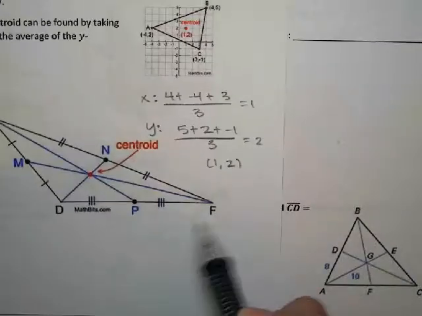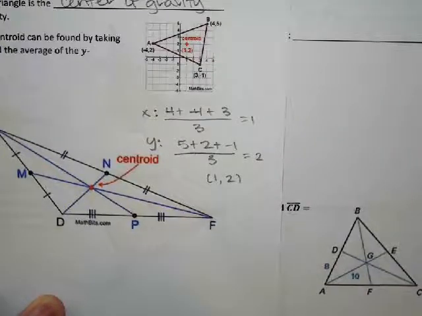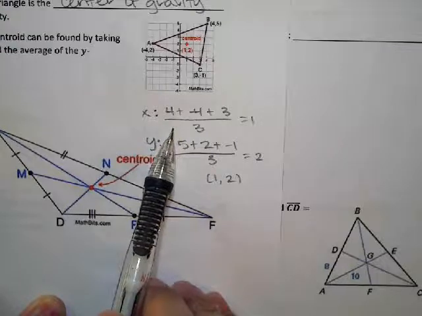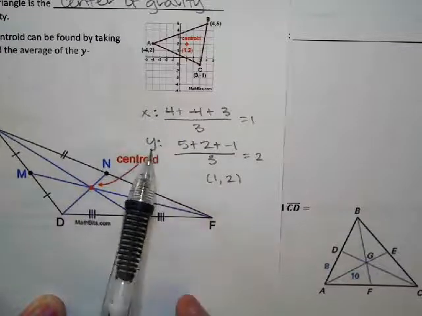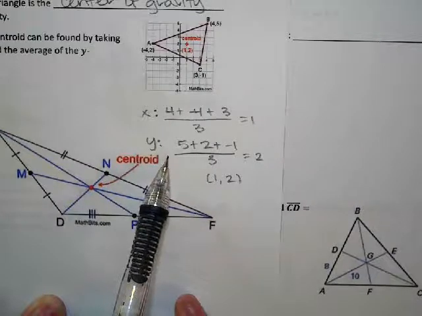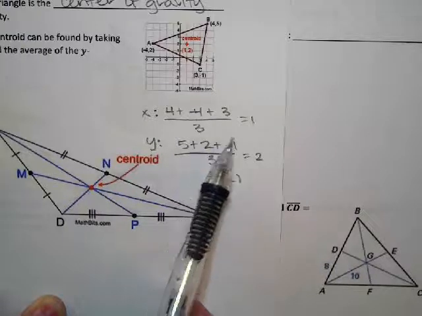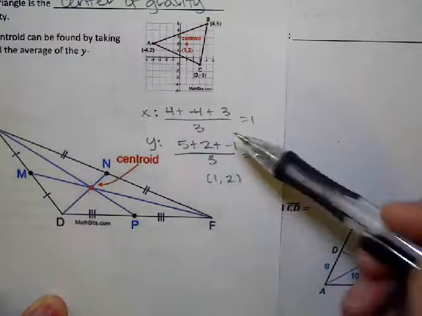So what do we do to find the centroid if we have a picture? The x value. So we're basically finding like the average, right? Okay.